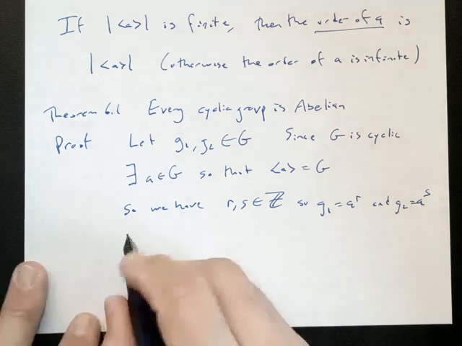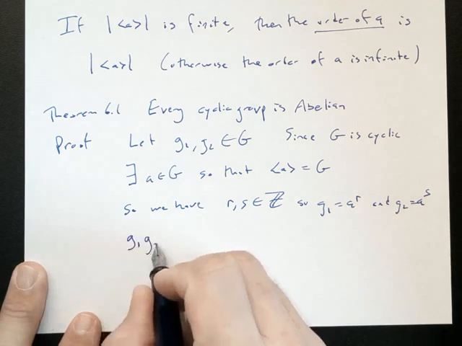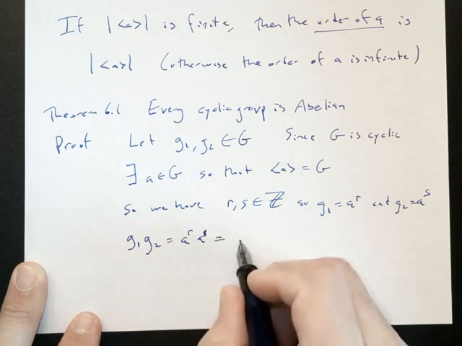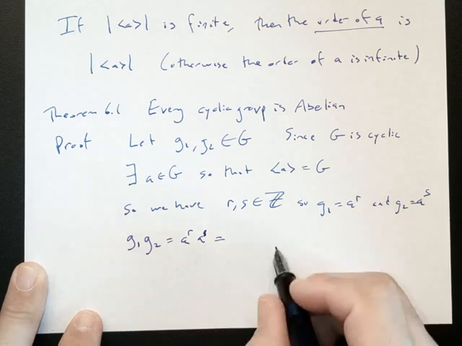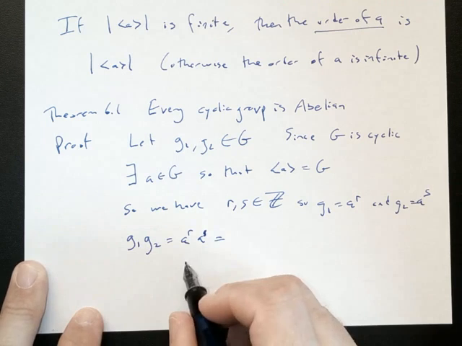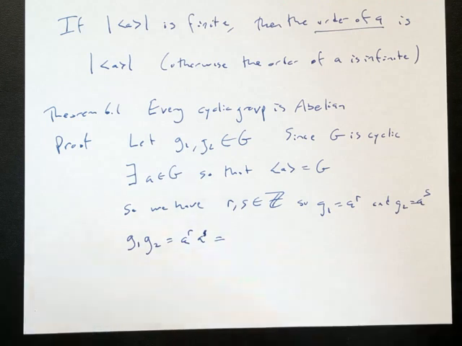Well, I haven't written it down, but A to the R times A to the S, which would be G1, G2, is equivalent to G2, G1, which is A to the S times A to the R. Well, how do I get there from here, right? What you're telling me to do is switch these. But switching those is the thing I want to prove. So I can't just directly claim that. There's got to be an intermediary step.